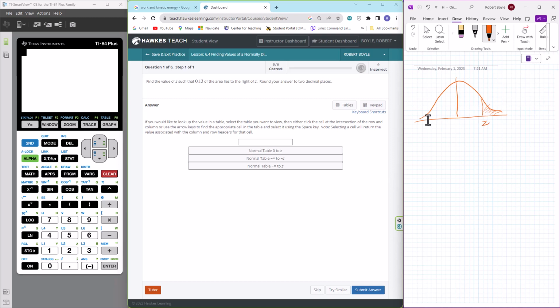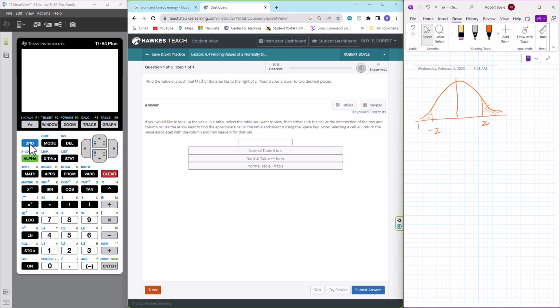So this would be z. Though if that's the case, then 1/3 of the area is going to be to the left of the actual negative value. So what I can do is go into my calculator.